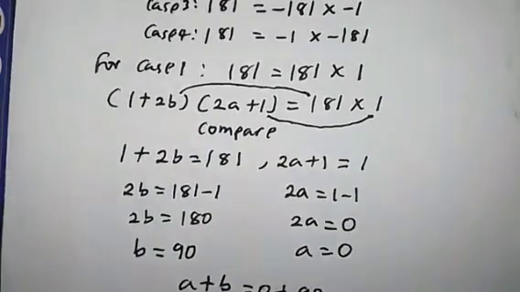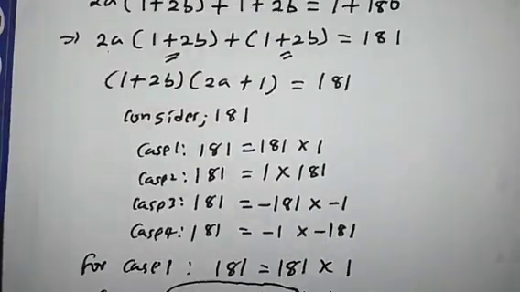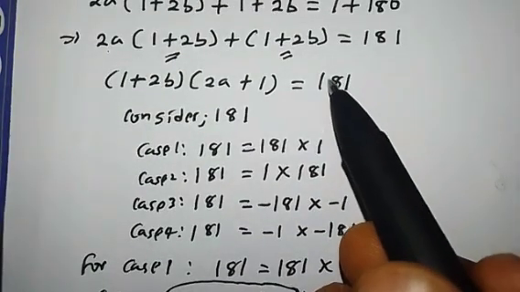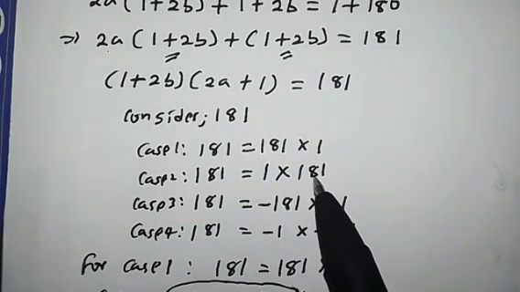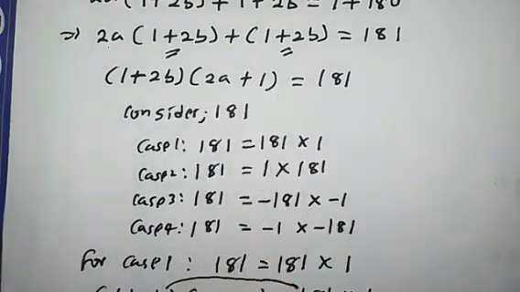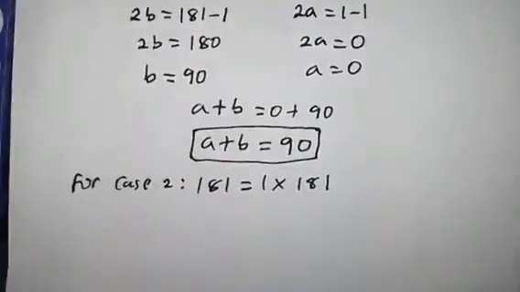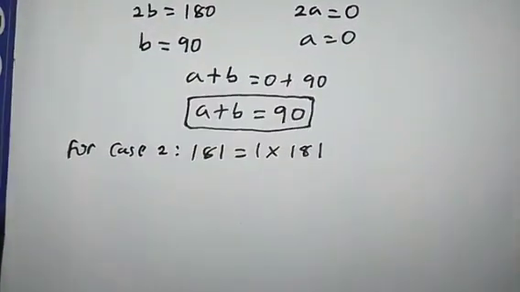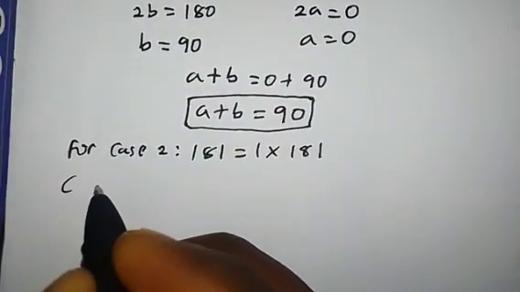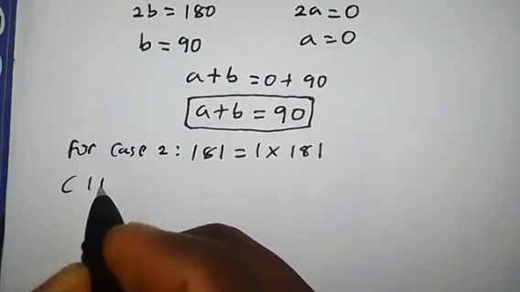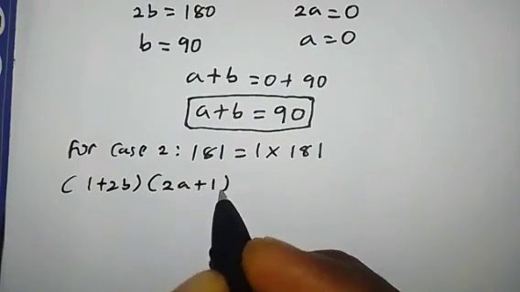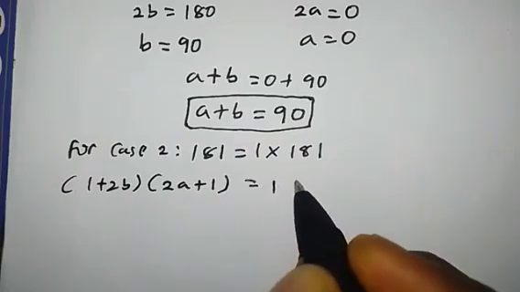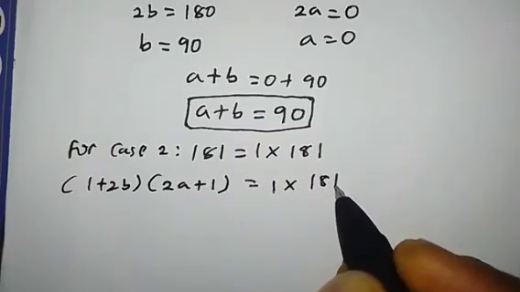Let me show you what we want to do now. We just want to replace this 181 by 1 times 181 in this expression. Let us do that. So we have 1 plus 2b times 2a plus 1 equal to 1 times 181.